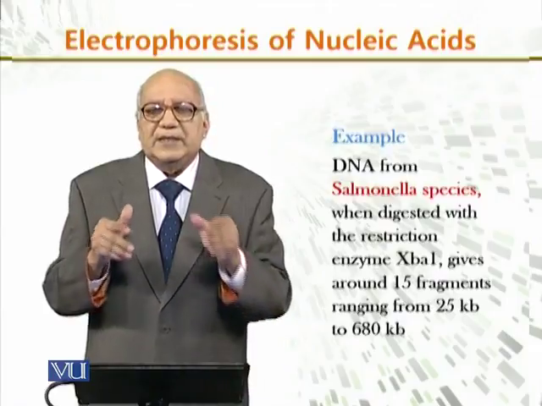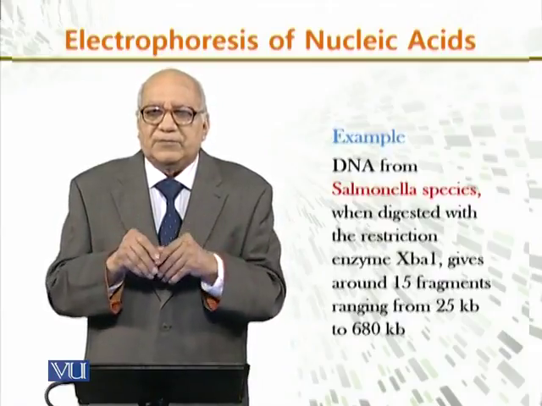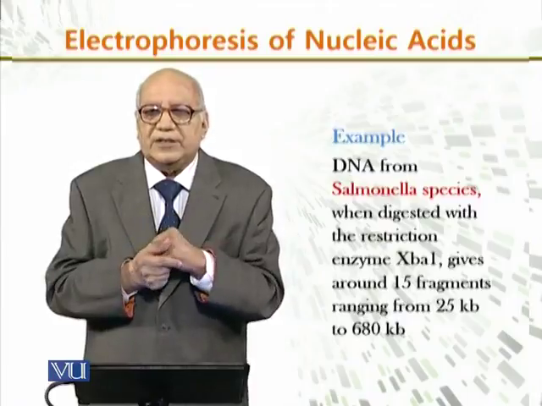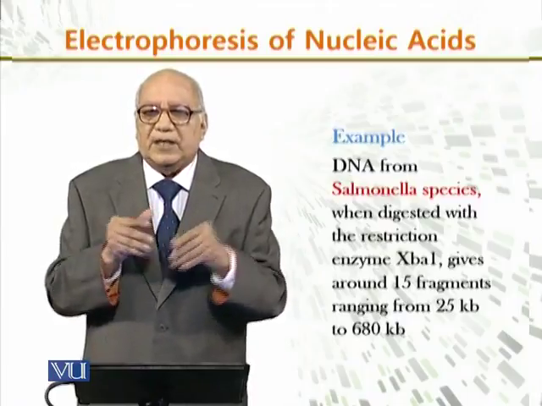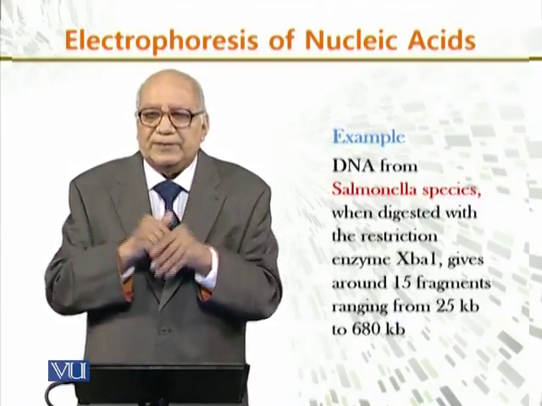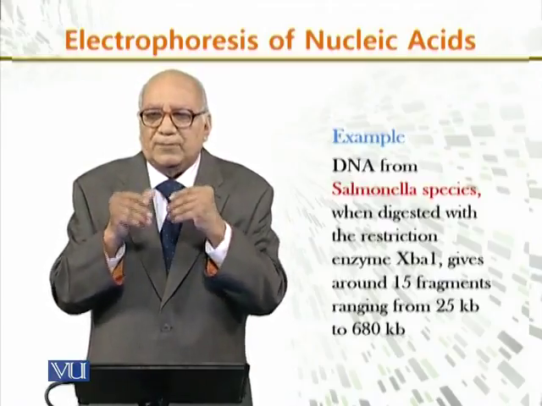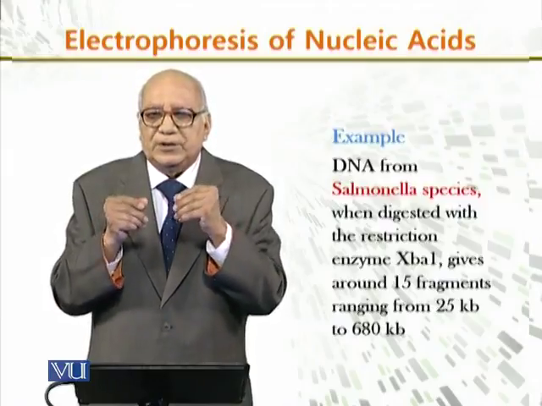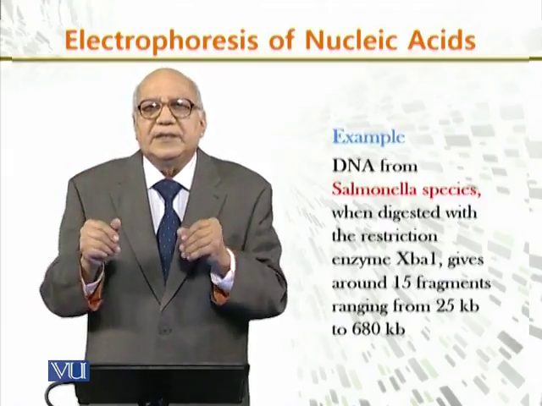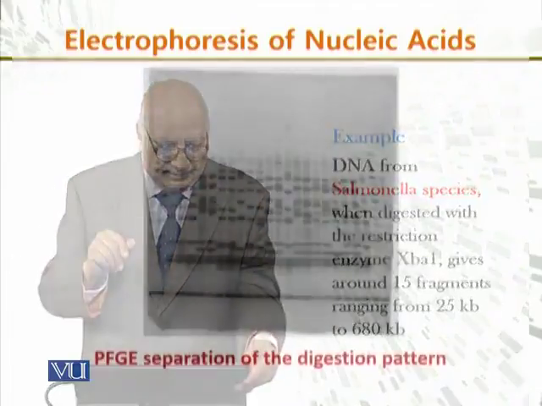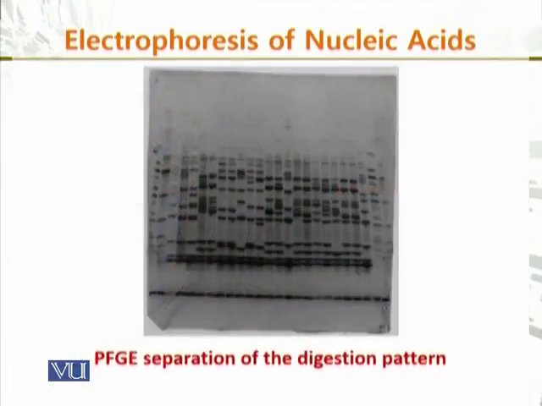An example is the DNA from Salmonella species, which, when digested with the restriction enzyme XbaI, gives around 15 fragments, ranging from 25 kilobases to 680 kilobases. So that is the difference between them. Just as we have shown here, this is the pulse field gel electrophoresis of a digestion pattern of the DNA.